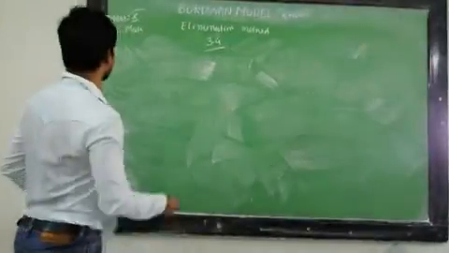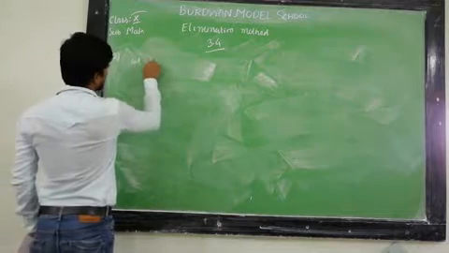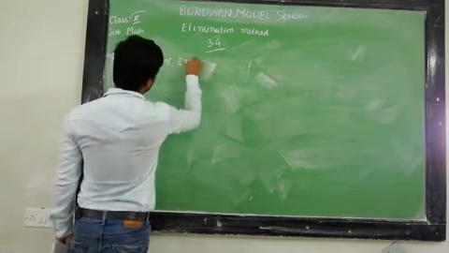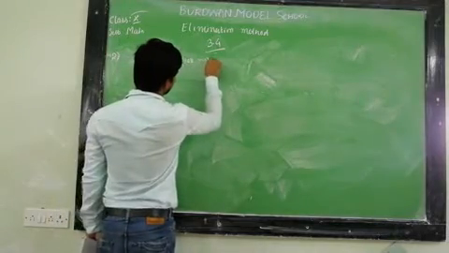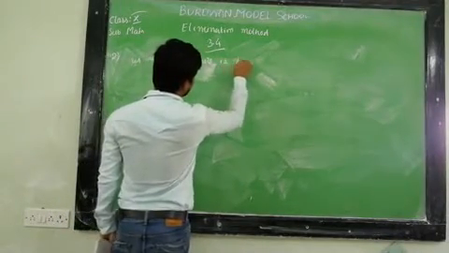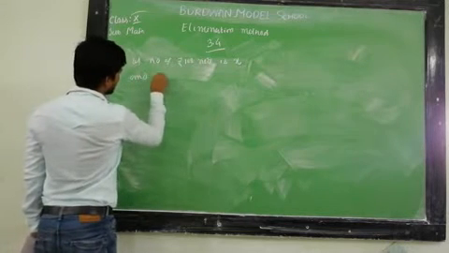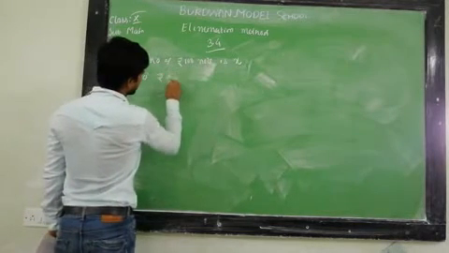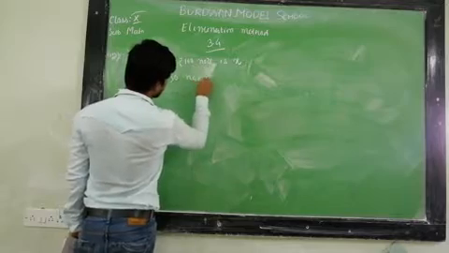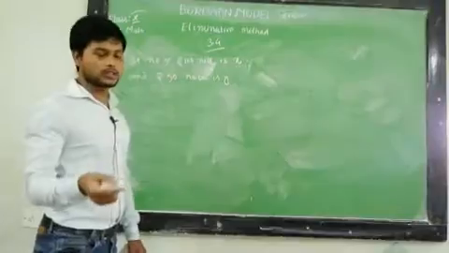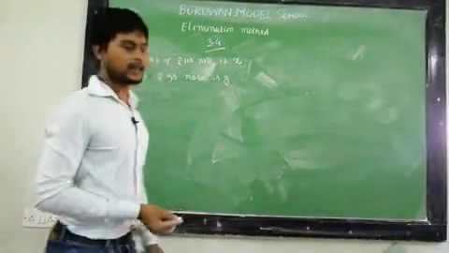So let us consider the number of 100 rupee notes is X and 50 rupee notes is Y. Then what is the total number of notes she has?